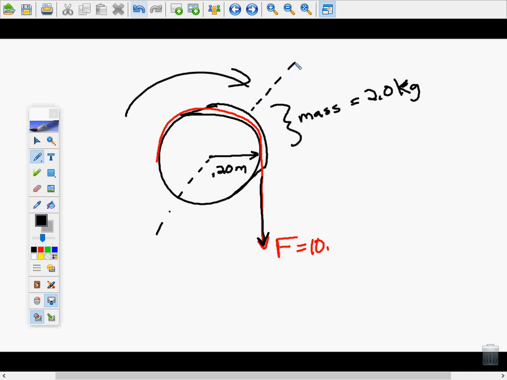I'm trying to draw it three-dimensionally. And by pulling down over here on this rope, you're going to spin this pulley faster and faster. And the question is, what's the rate of the angular acceleration?